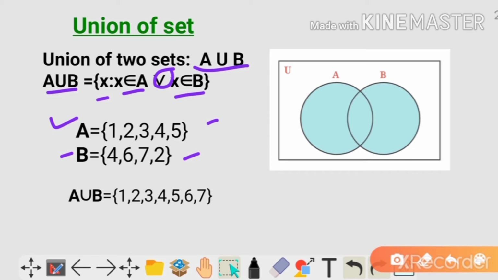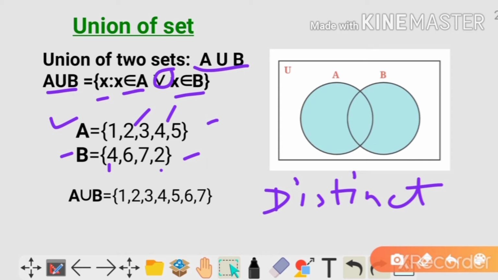So if you look at this set, we include all the elements of A and B, but we don't repeat 2 and 4, which are the common elements of A and B, because we already know that set elements must be distinct. Okay, you knew it in the previous lesson.